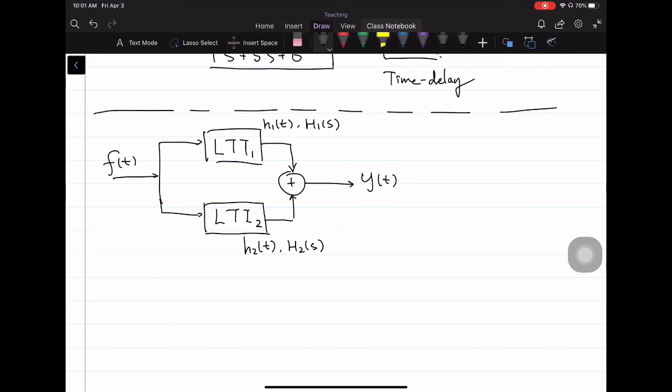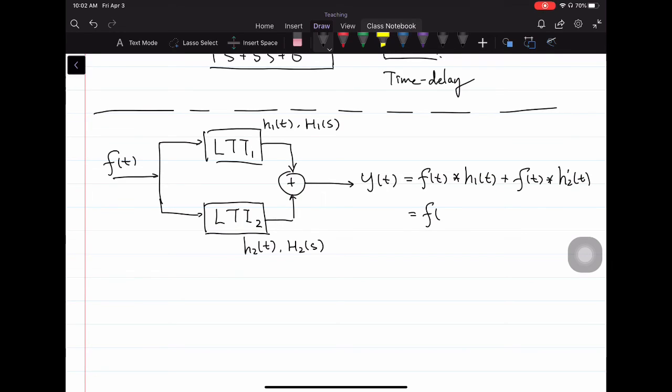So using the same idea, the summation of the outputs of the two subsystems should be f(t) convolution integral with h1(t), that's the output of the first subsystem, and f(t) convolution integral with h2(t), that's the output of the second subsystem.